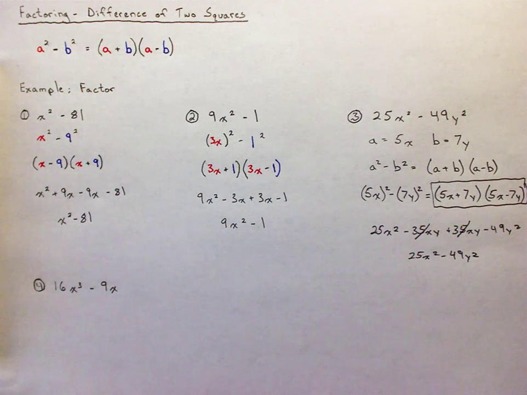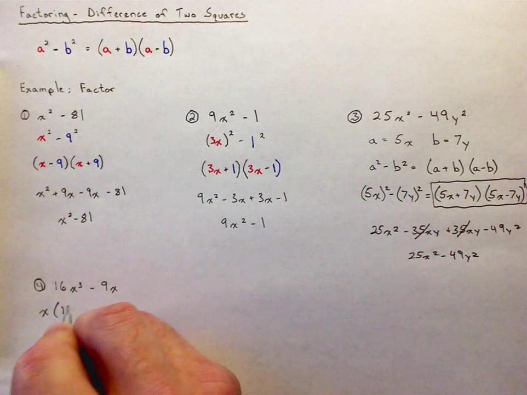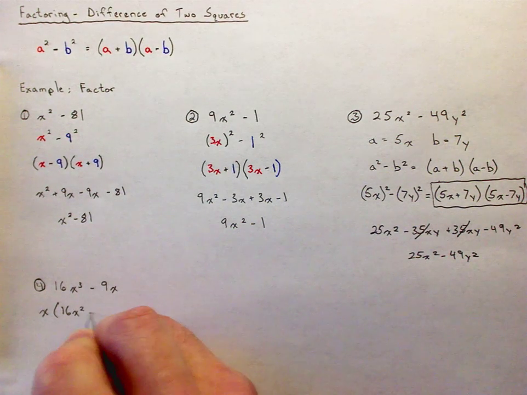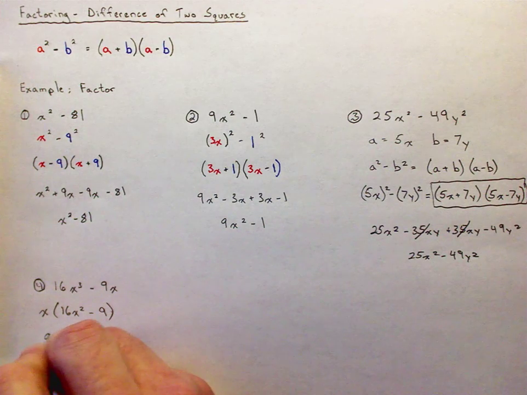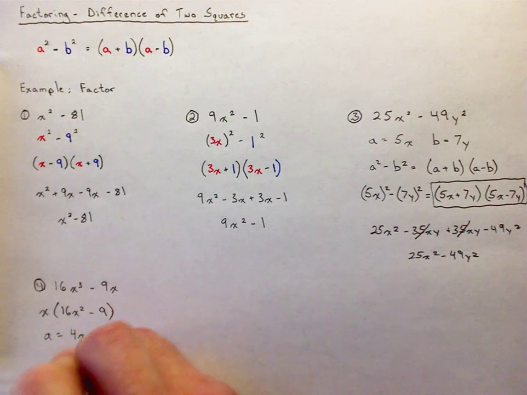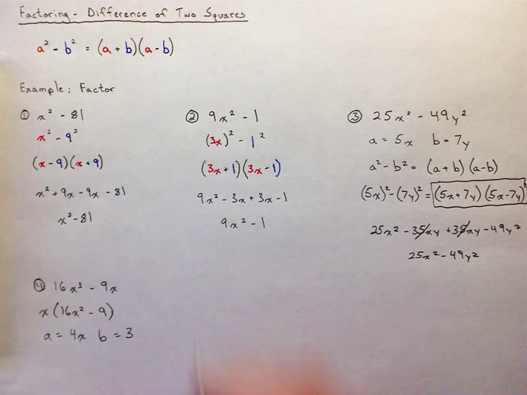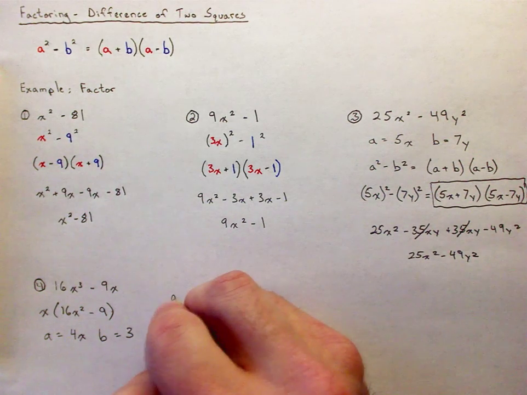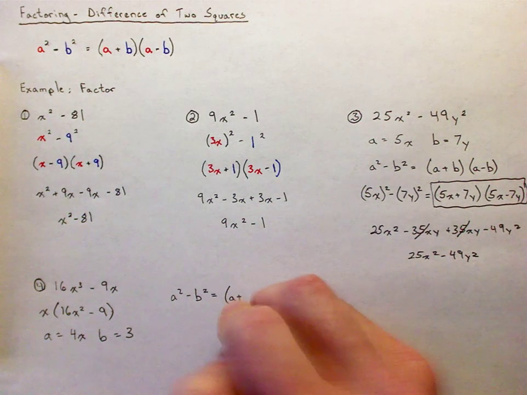Next one, a little tricky. First thing you needed to do was to factor out an x. Identify my a equals 4x, and b will equal 3. So my formula, a squared minus b squared, and I recommend that you write your formula out each time.